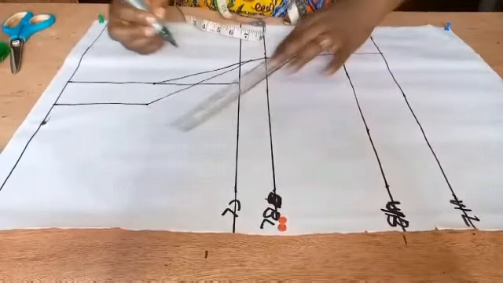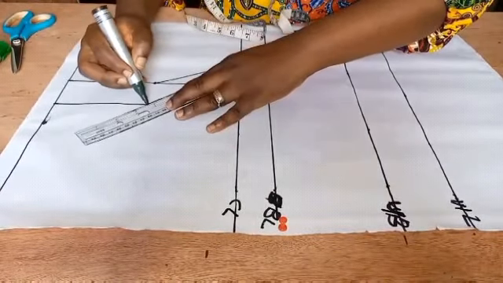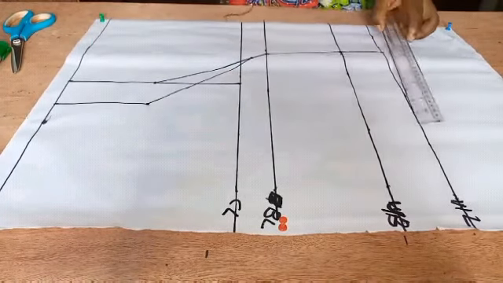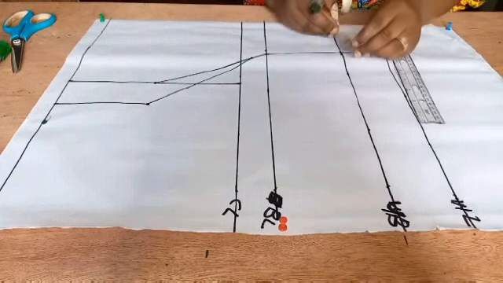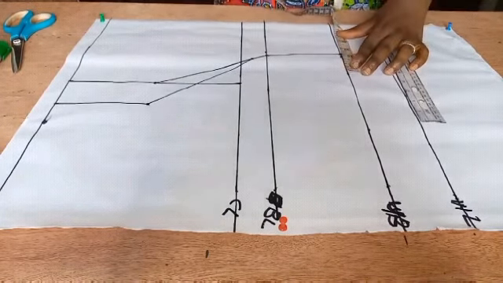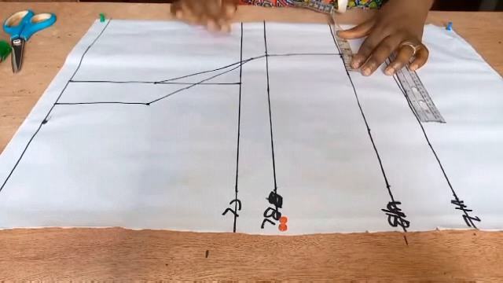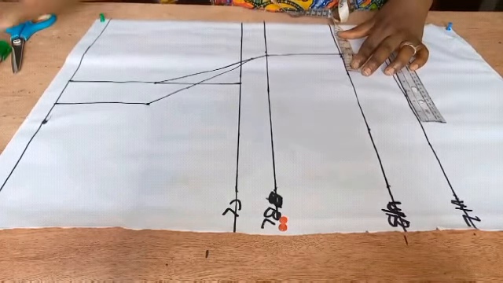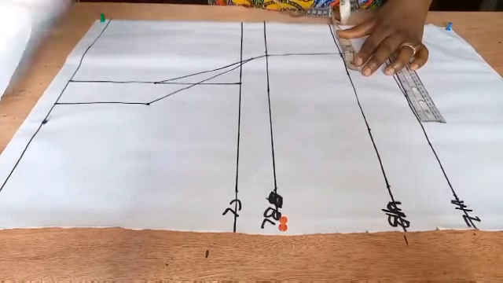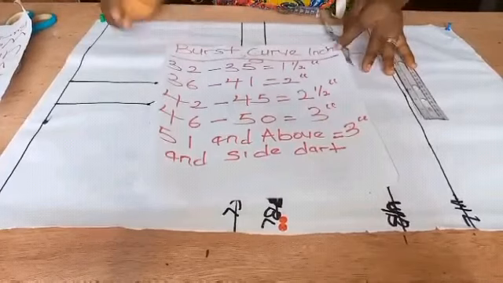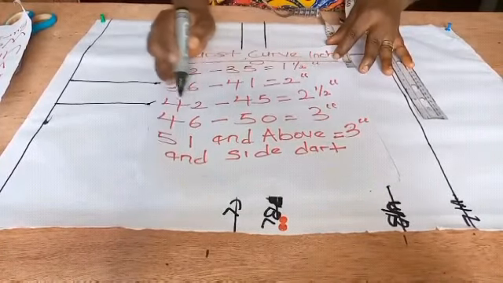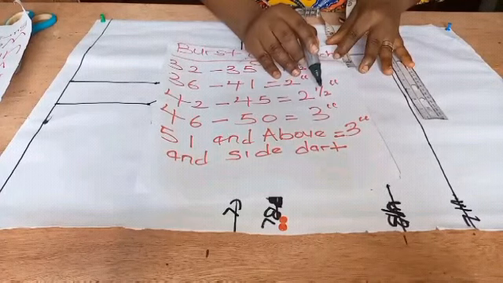So this is it. You join it together. Then you come to your under bust line. We are using 42 for our bust. In the bust curve inches that I showed you, for 42 we use 2.5 inches.